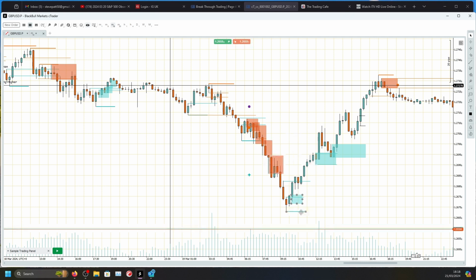Anybody who's short and is thinking, oh, price is just pulling back, it will continue to drop in a minute, after that bullish run up there, anybody still short is now stuffed. So I'm assuming people will be exiting short trades as price is now moving up.